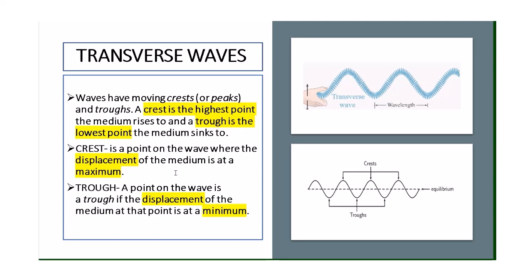That means here, and you can see clearly in this particular figure, the maximum displacement of the medium is upwards, and that is known as crest. And the point on the wave is the trough if the displacement of the medium at that point is minimum, shown at the bottom peaks.